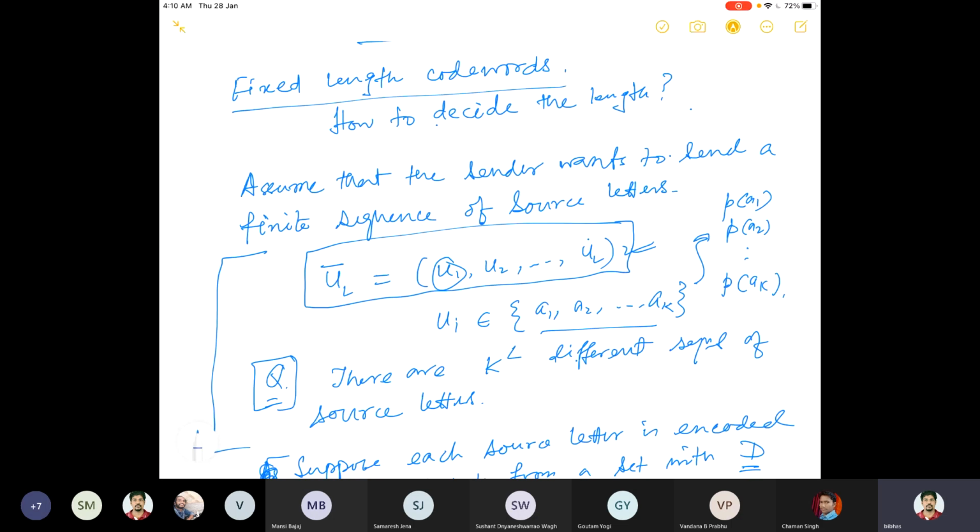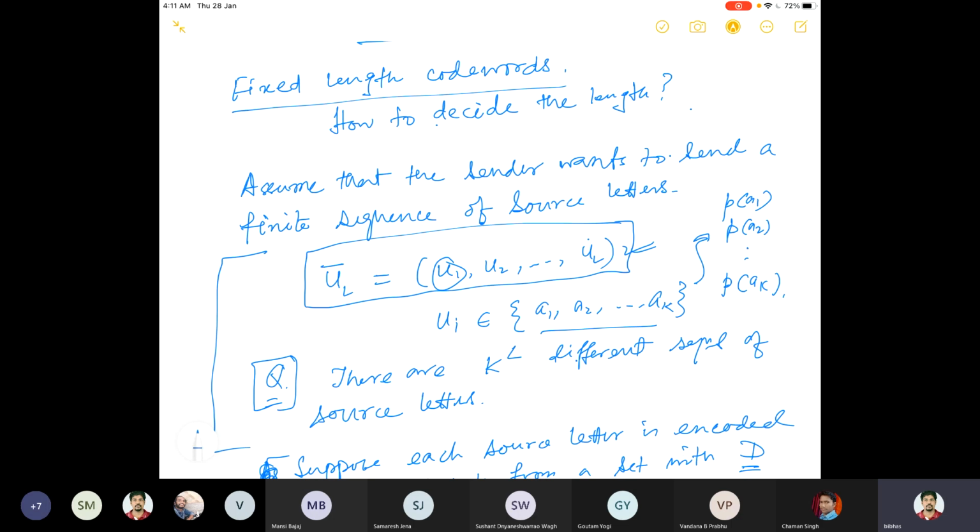But what we are trying to say now is, even if we want to send, let's say, U1 to UL, we would not consider all possible sequences of source letters of length L. Instead, we'll only consider a particular subset of sequences of source letters of length L, and then we'll show that if this L is sufficiently large, then the probability of error, that means of decoding the original message from the coded sequence, is small.